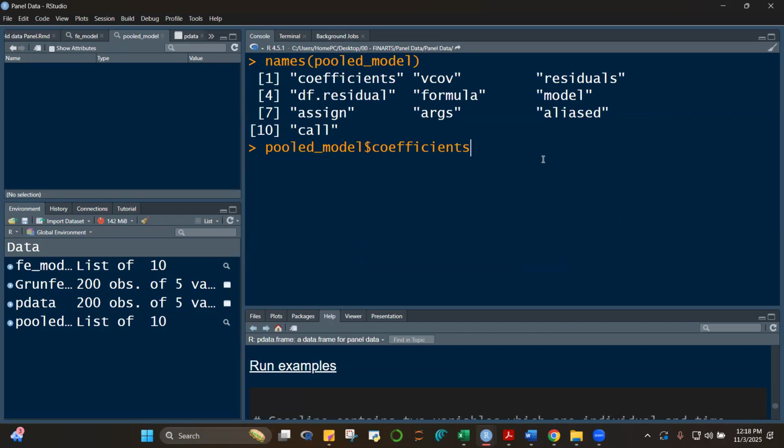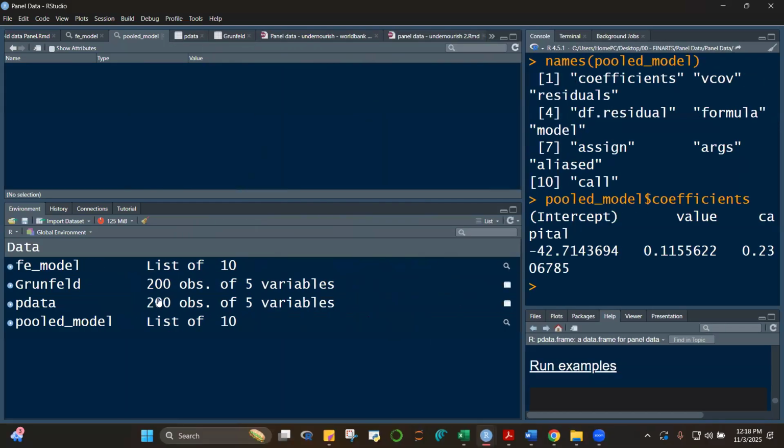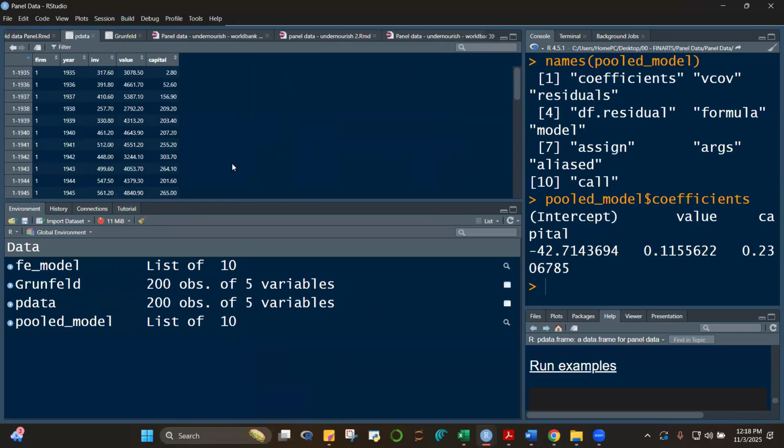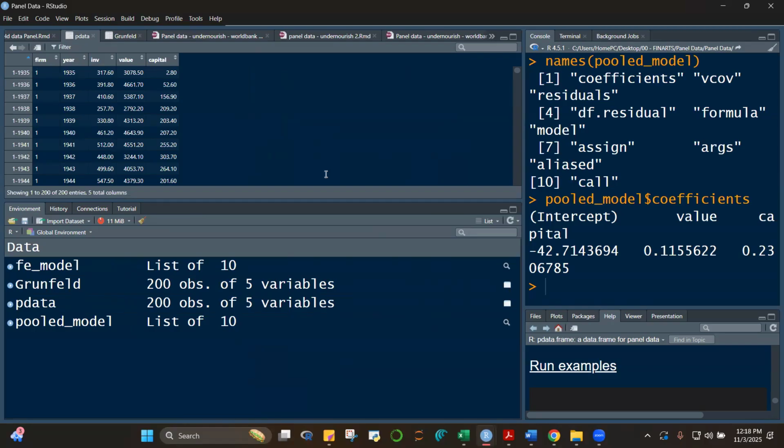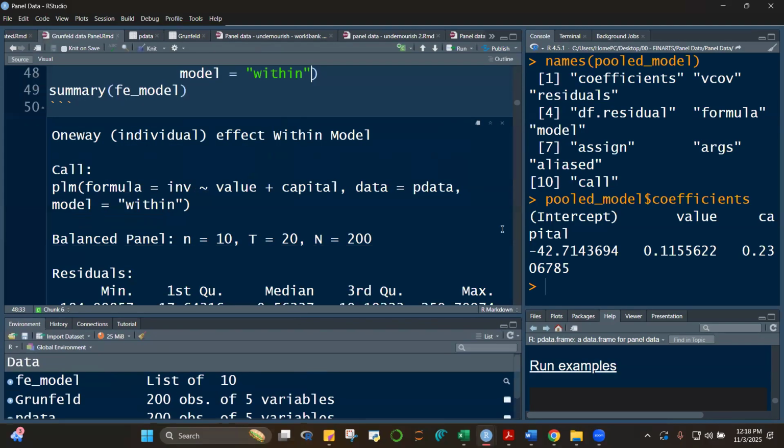Let's check the coefficients. There, class. So it's there. Okay, I just don't know why it's not printing here. But the model is there, class. I just don't know why it doesn't print here.